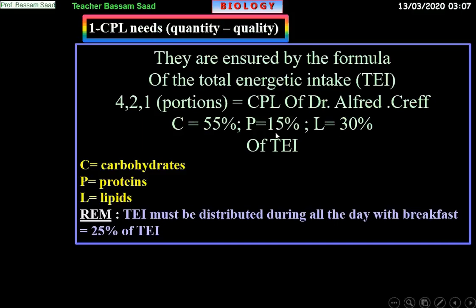The same for proteins. If the total energetic intake is 2,500 kilocalories, to find the amount of energy that must be provided by proteins, you multiply 15 times 2,500 over 100. And like this, you find the amount of energy provided by the proteins, and so on.